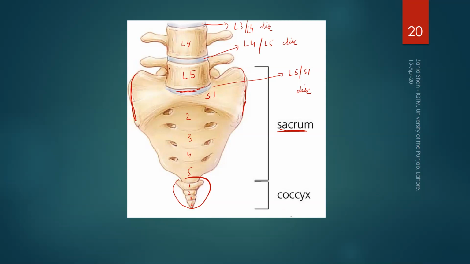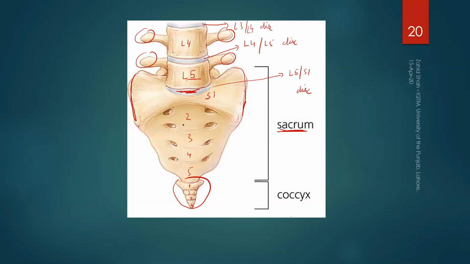So it acts as shock absorber, and you can see these projections are used for muscular attachment. So muscles and ligaments of the backbone attached to these projections. So this is overall structure of the sacrum and coccyx, and where sacrum attaches to the lumbar vertebra, that is L5, and you can see that this is the last disc.